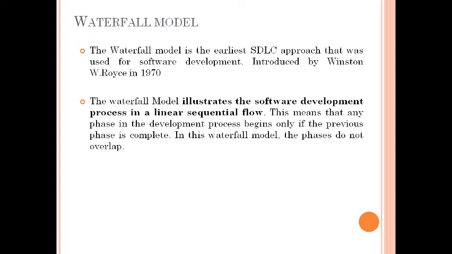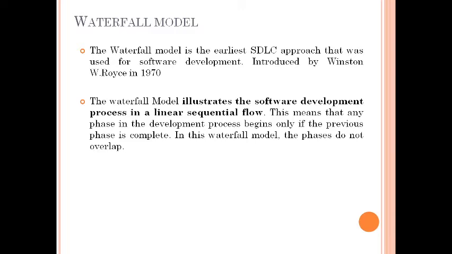This waterfall model was one of the earliest models, specified by Winston W. Royce in 1970. It illustrates the software development process in a linear sequential flow. It means that once you begin a software, there are different phases.